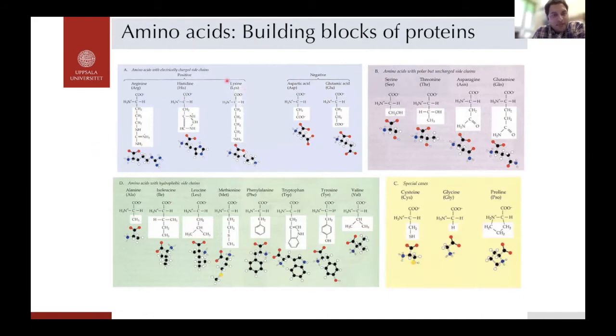Some of these amino acids are positively charged, like arginine, histidine, and lysine, and some are negatively charged, like aspartic acid and glutamic acid. Then you have some which are more polar or have uncharged side chains, and some are more hydrophobic in nature, like alanine, isoleucine, tryptophan, and tyrosine, and there are some special cases.